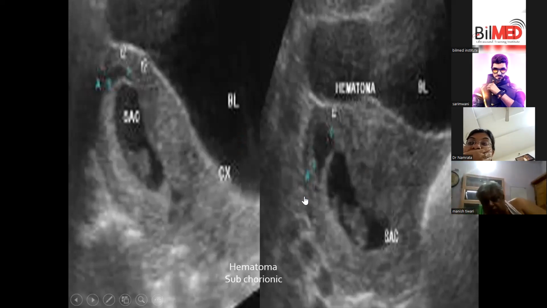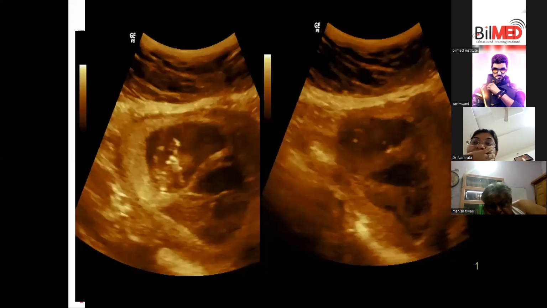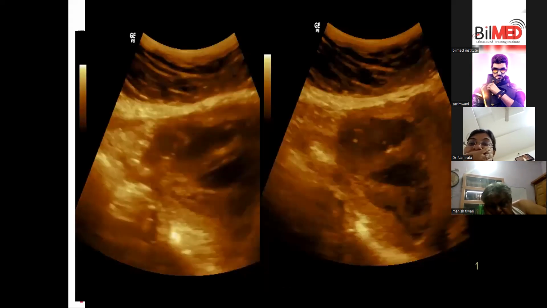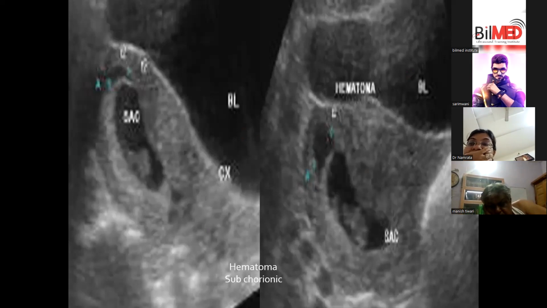Now see over here, I am having more decidual reactions as compared to this area. It means that the placental site is here in the posterior area, not in anterior, and the detachment is anteriorly.